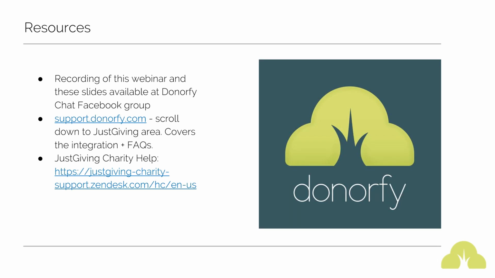And then for additional help in setting up the custom codes and various other things, such as how to get the API set up, there's the JustGiving Charity Help Center as well, that can be accessed. And of course, if you've got any questions, you can always email support@donorfy.com.